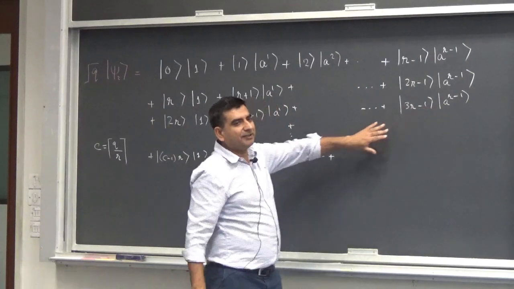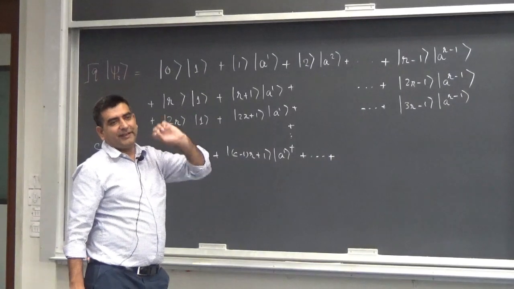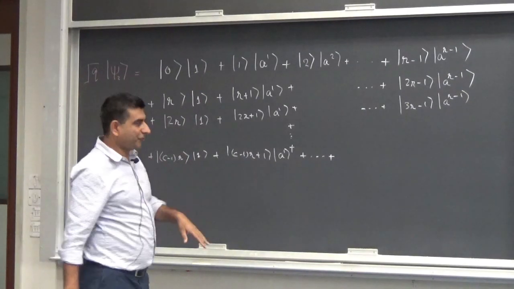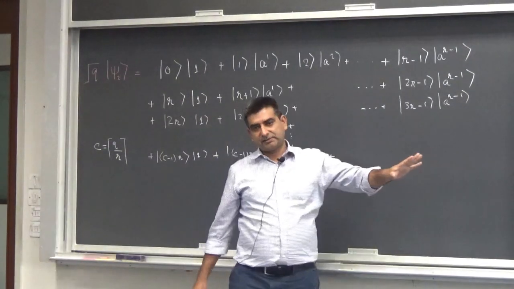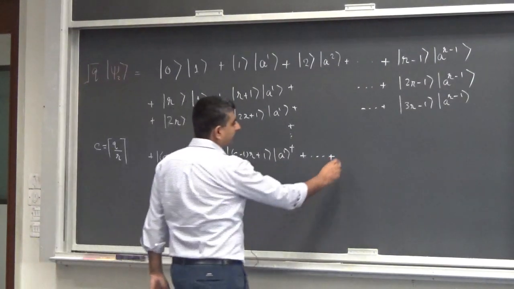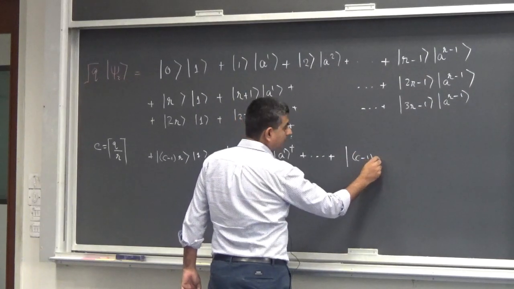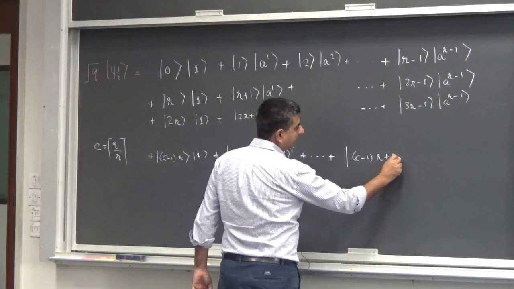It's possible that if r is not some power of 2, you will not get all the terms in the last row. So you will get r naught terms in the last row perhaps.